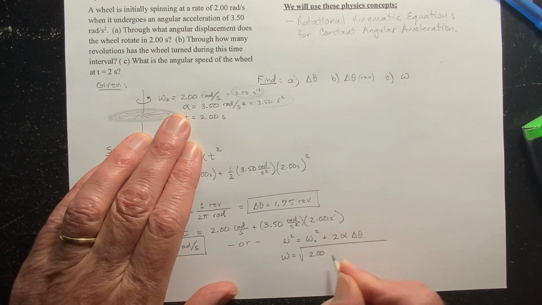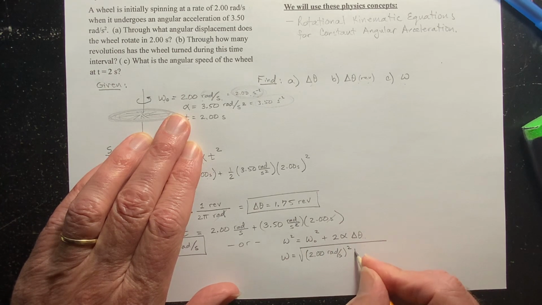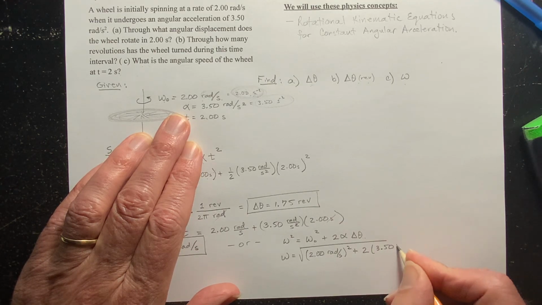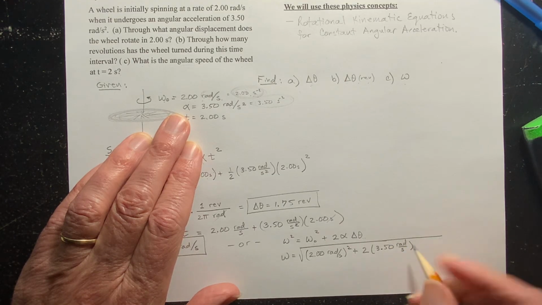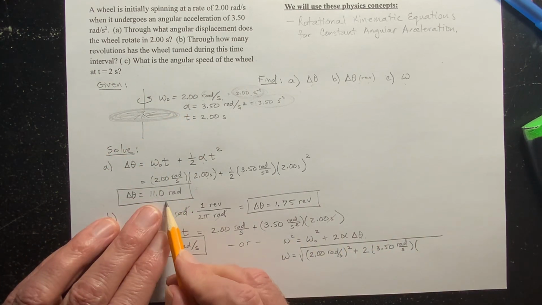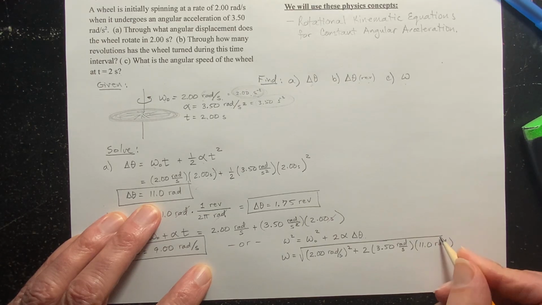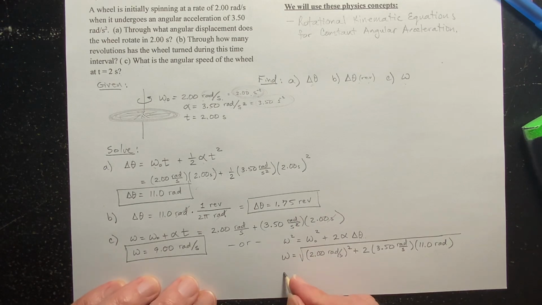So that's 2.00 radians per second, I'm going to square it, plus twice the angular acceleration, and then times delta theta, which we got as 11 radians. Okay? So if this answer agrees with this, that means this is probably right. If they all agree with each other, you're probably in good shape.